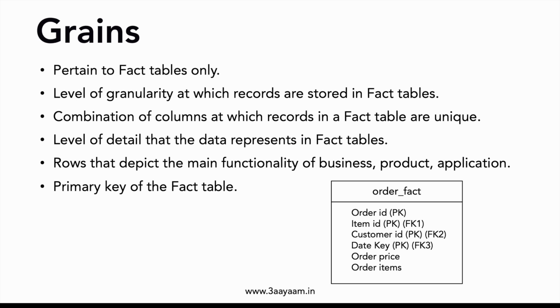And as I already told you, the lowest granularity at which the business is run is the individual item. You cannot go beyond that. I mean, you cannot break the item further. We cannot sell half an item. It's always a unit of item. So that's why that is also called a business process. So the rows that I am defining here depict the main functionality of the business, and it also is the primary key of the fact table.